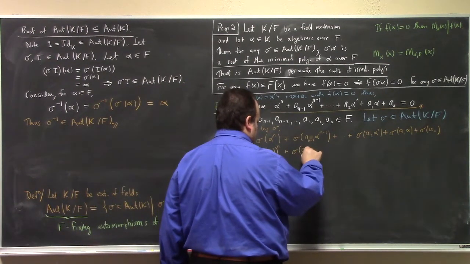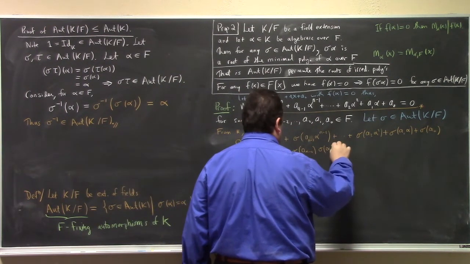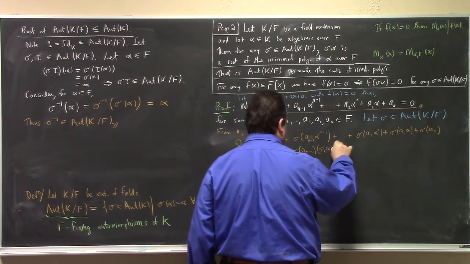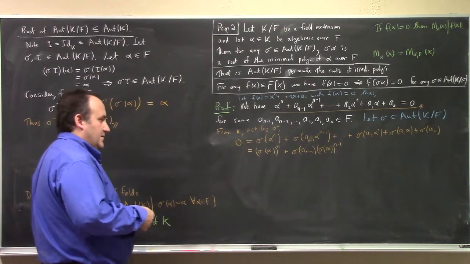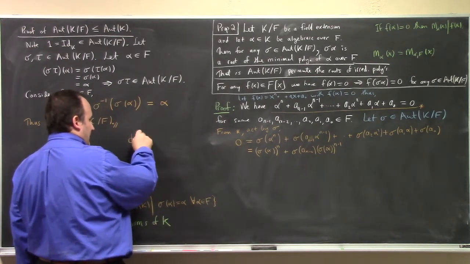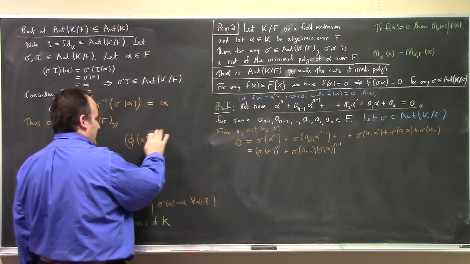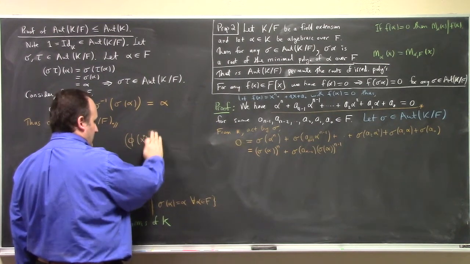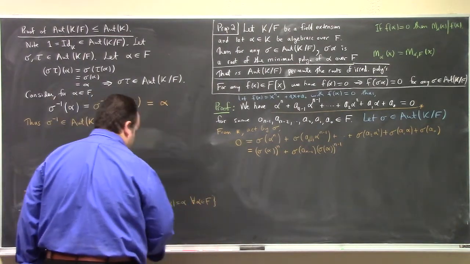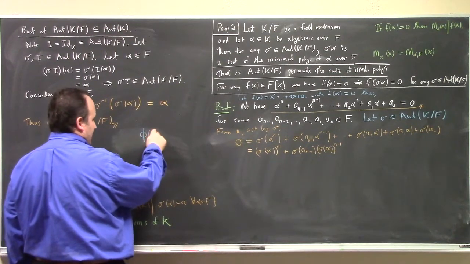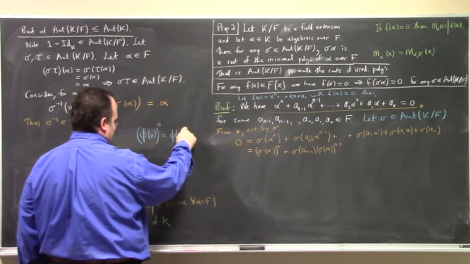Then we have sigma of a_{n-1}, sigma of alpha to the n minus 1. So I'm using the fact that if we have an isomorphism acting on x and we raise it to the n power, that is this as well.